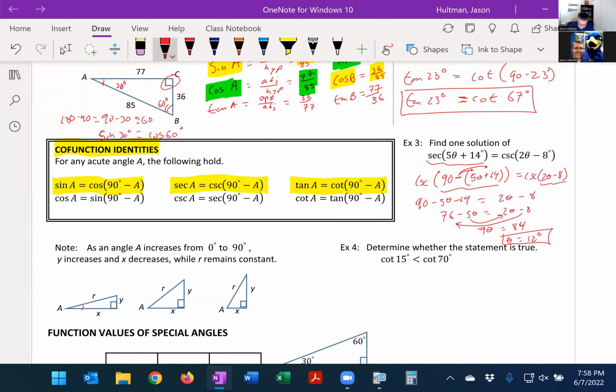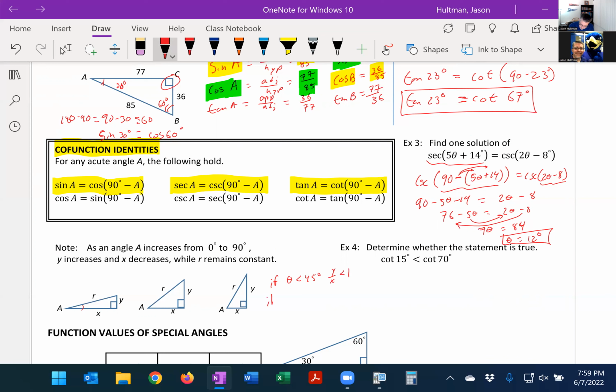We can say that if theta is less than 45 degrees, then y over x is less than 1.